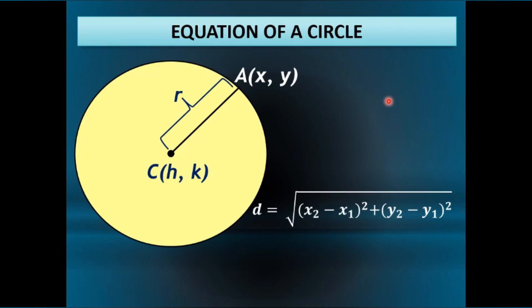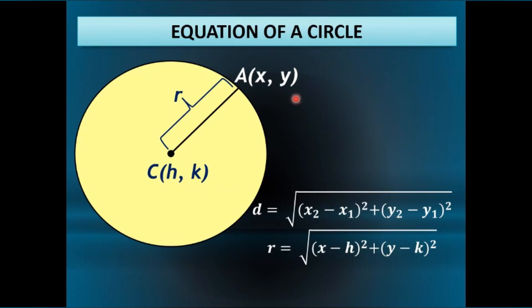By substitution, for our x sub 2, we have the x minus the x sub 1, which is h, and then square, plus our y sub 2, which is y, minus the y sub 1, which is k, quantity squared.